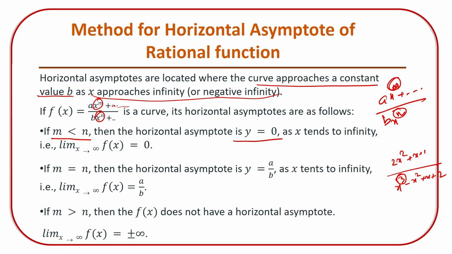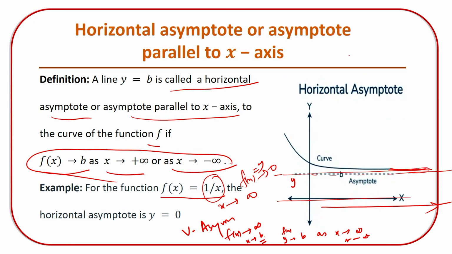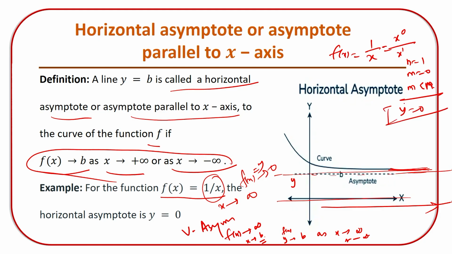Now, in the previous example, f(x) is equal to 1 by x. How do I derive that? That can be written as x to the power 0 by x to the power 1. So here n equal to 1 and m equal to 0, so m is less than n. In that case y equal to 0 is the horizontal asymptote for that function.